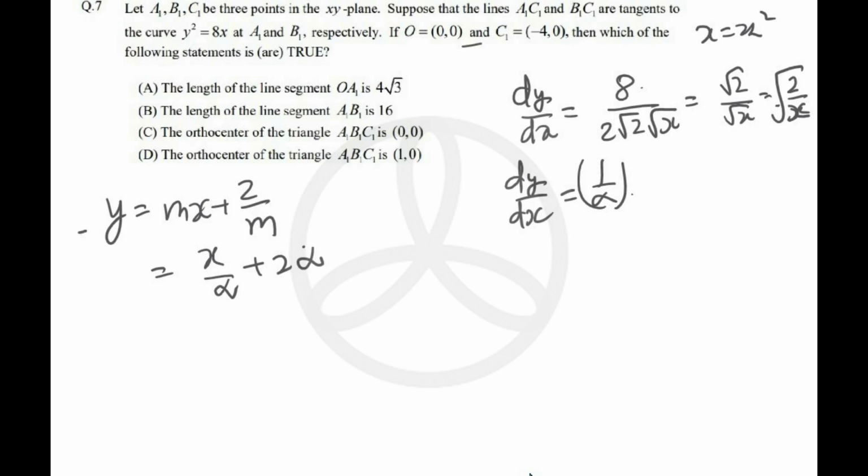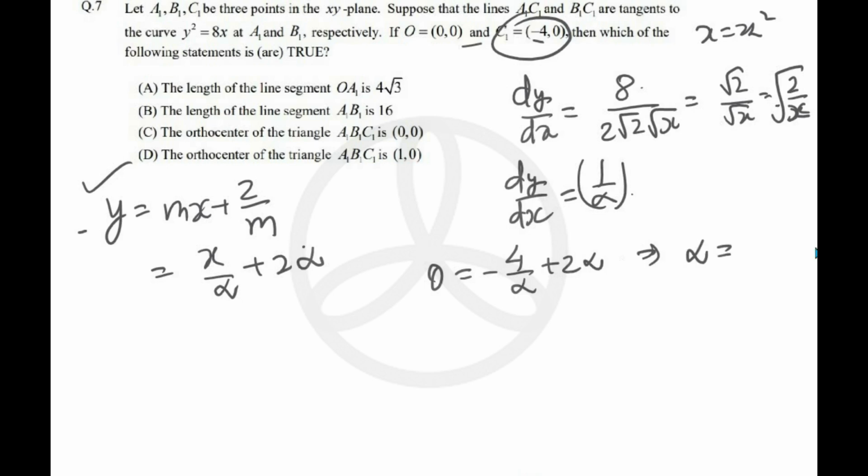Now it is saying this particular tangent is also passing through this point, which means this point will also satisfy this line, and therefore we can substitute x is equal to minus 4 here and y is equal to 0. So we get minus 4 alpha plus 2 alpha.